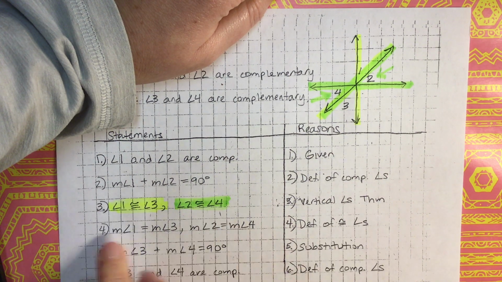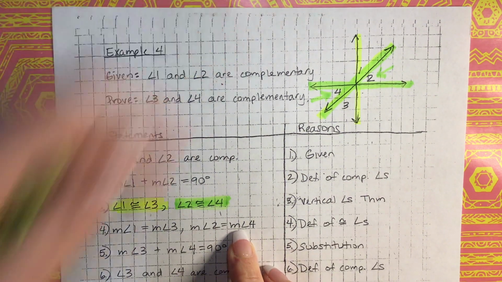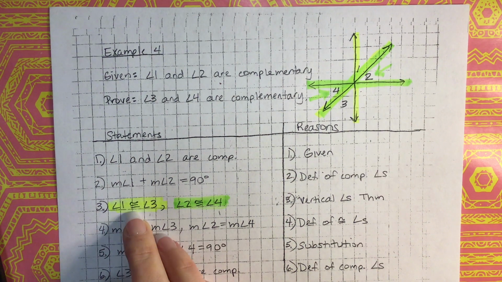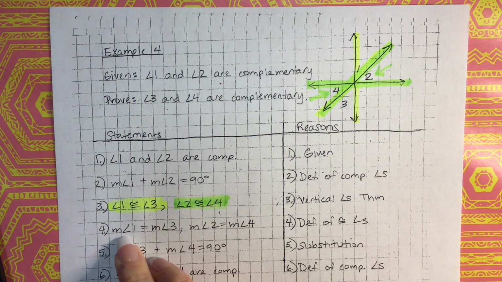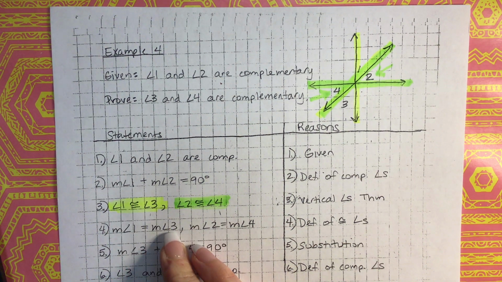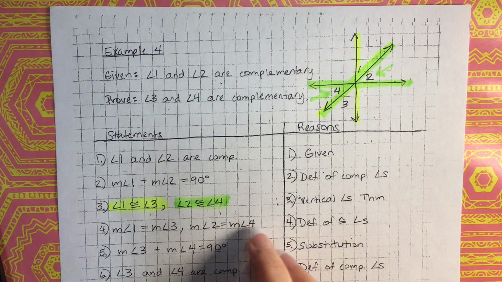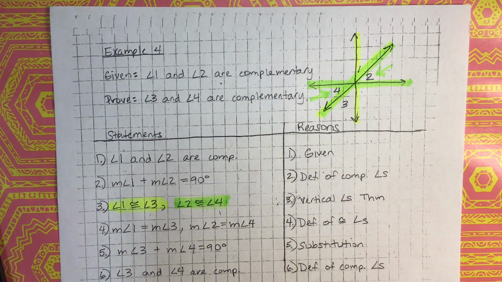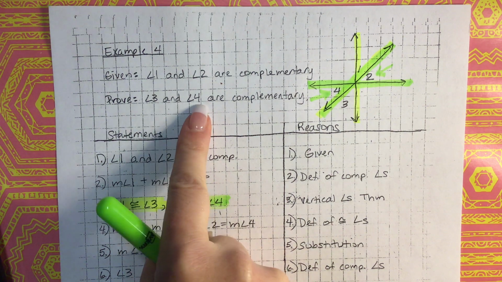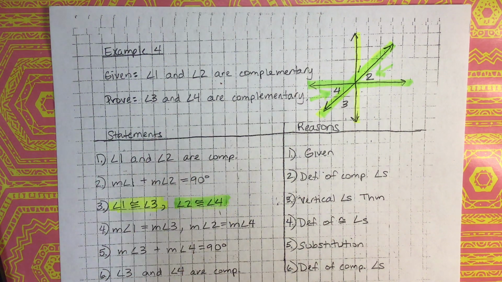Okay, then from there we can change the format, right? So instead of saying angle 1 is congruent to angle 3, we can say the measure of angle 1 equals the measure of angle 3. And instead of angle 2 and angle 4, we can say the measure of angle 2 is equal to the measure of angle 4. So remember what we want to do. We want to say that angle 3 and angle 4 are complementary, right?